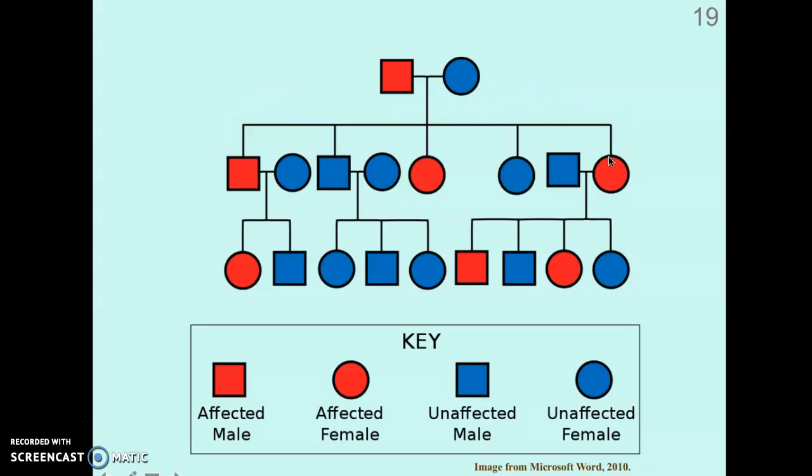So they have 5 children. Here we have a male, a female, a female, a female. So they usually go in order. This is the eldest, this is the youngest. So they have 2 males that are older, 3 younger females. Here we have an affected male, unaffected male, affected female, unaffected female, affected female.